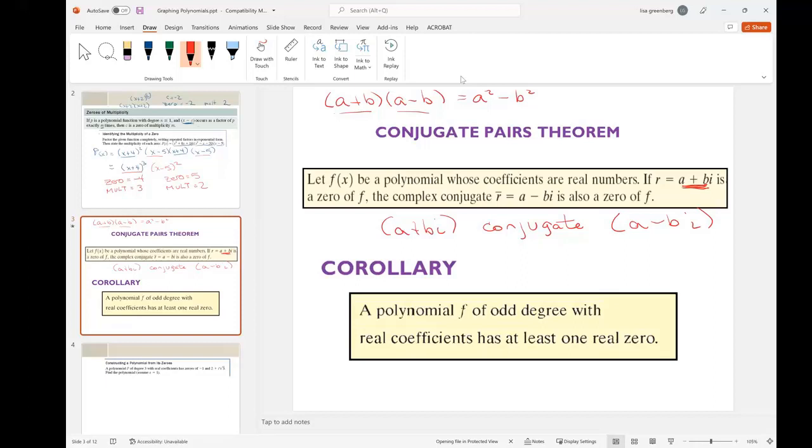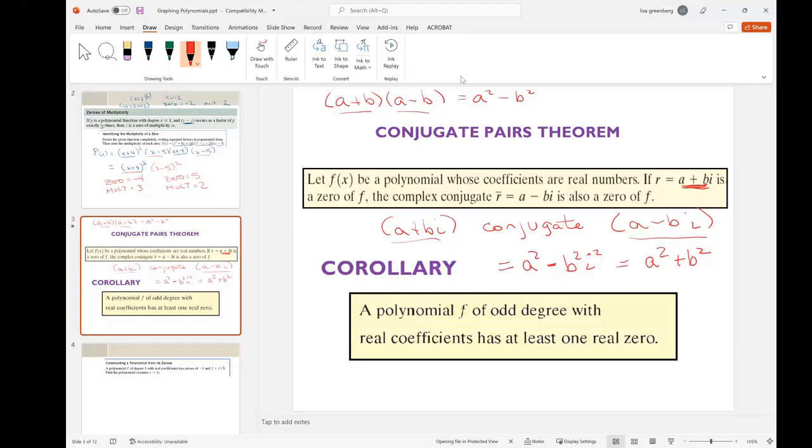If my value is A minus BI, my conjugate would be A plus BI. And if I multiply those together, I would get A squared minus B squared I squared, right? Because it's the difference of squares. But I squared is -1, so I would get A squared plus B squared. And that's the conjugate pairs theorem, okay?